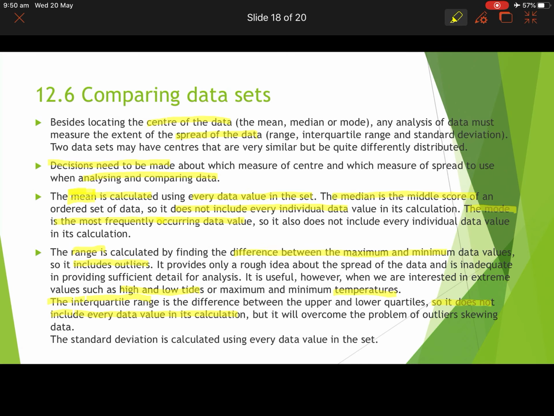The important one, the standard deviation, is calculated using every data value in the set. Like the mean, standard deviation measures spread and includes every data value in the set. So it's important to use those two, which take into account all of the data, when you're comparing sets.